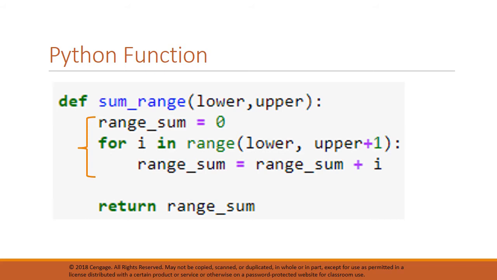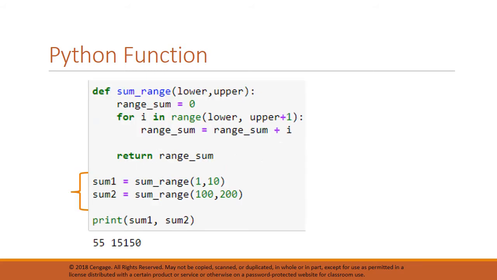Once this code has been executed, we're going to return the range sum, where range sum represents the sum of the integers between lower and upper.